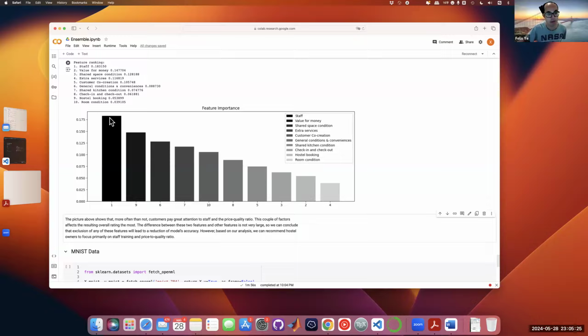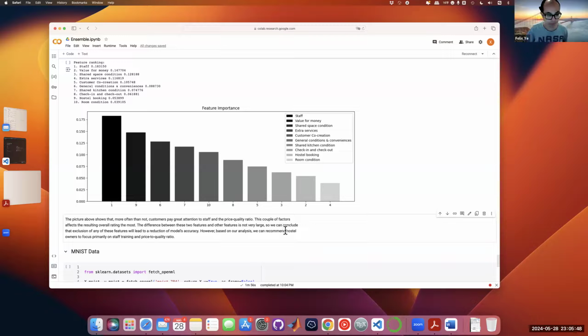And you can see the differences between these features and other features are not very large. For the other features, for example, the extra services, general conditions, and the convenience, they also contribute significantly.